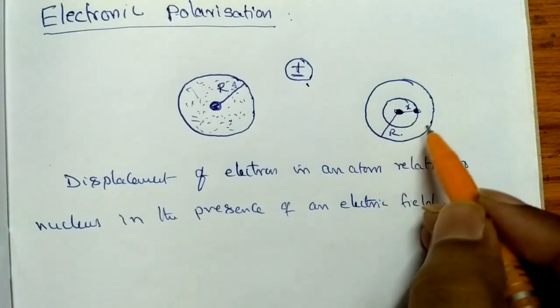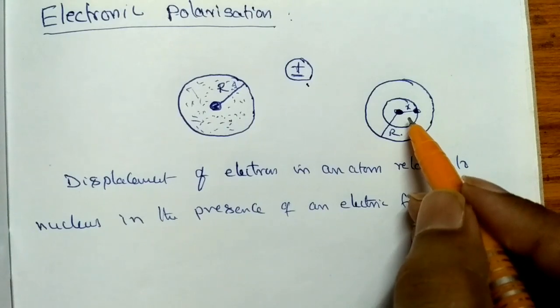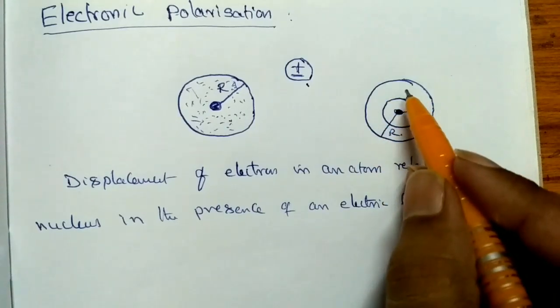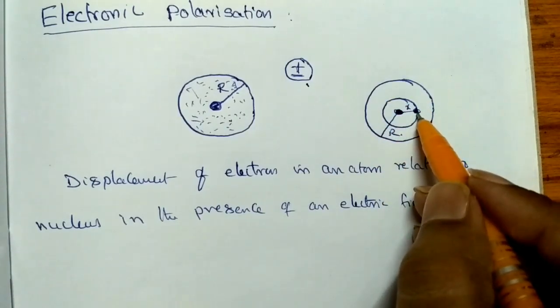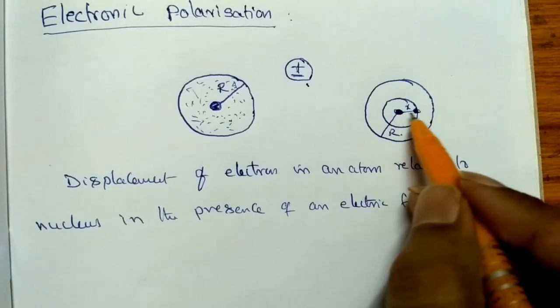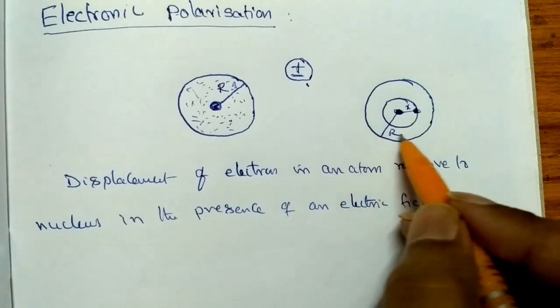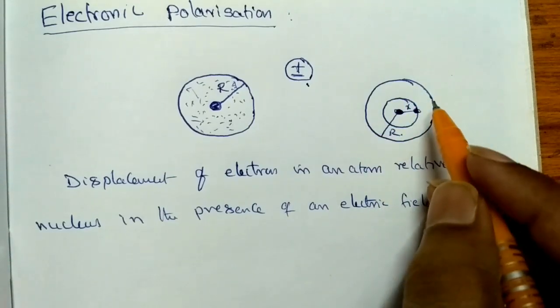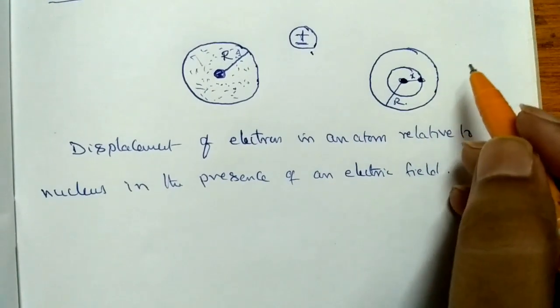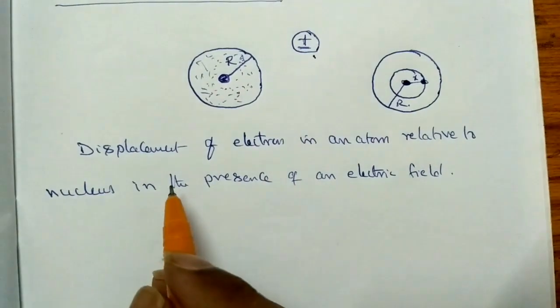So which types of forces are acting on this? One is the Lorentz force and the other is the Coulombian force. These two forces are balancing with each other. Then it happens. Okay. Now let us discuss further.